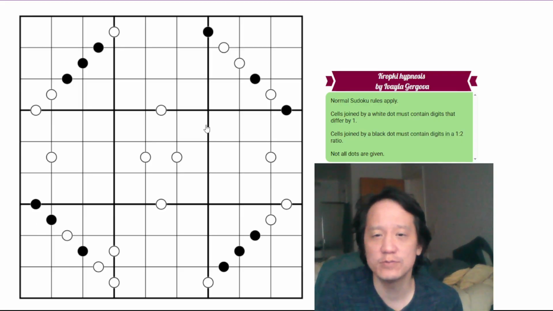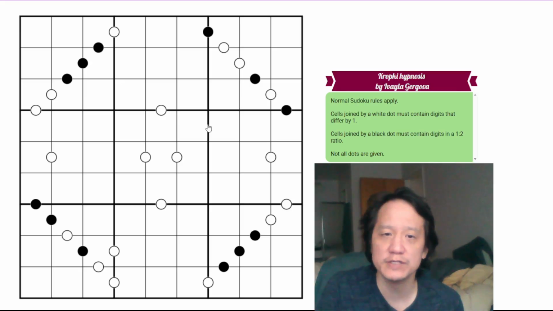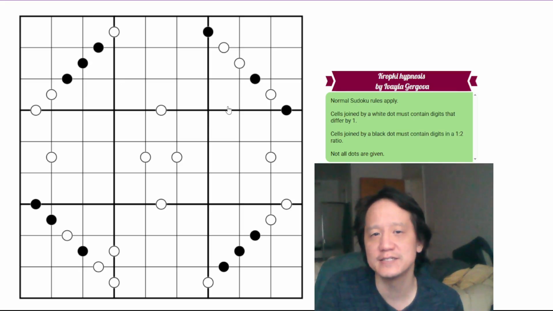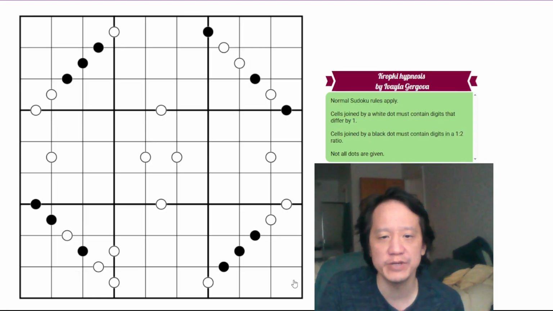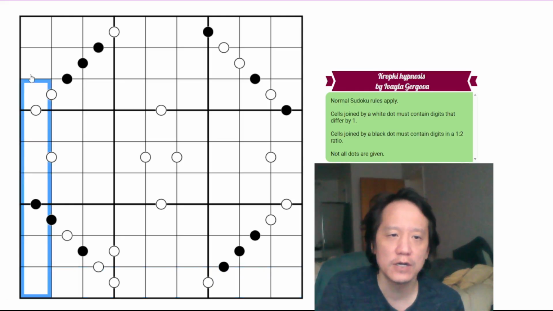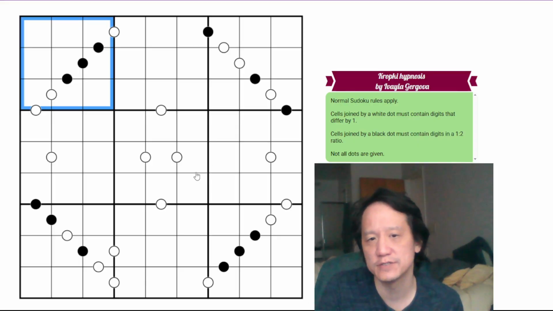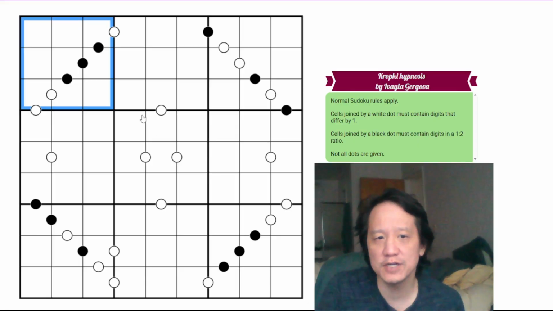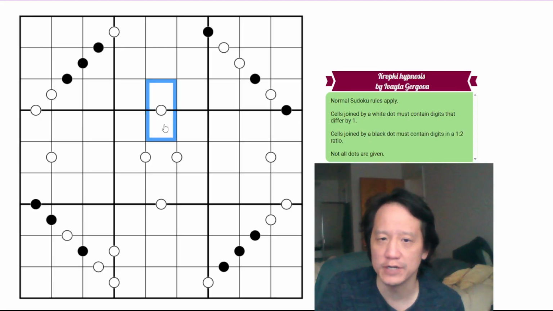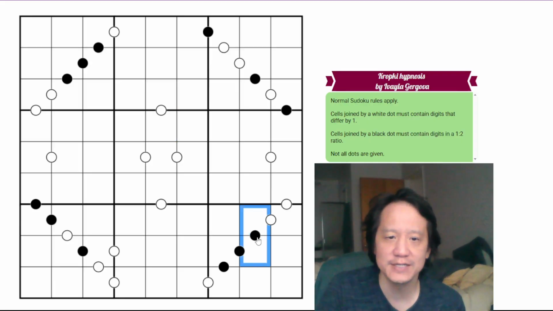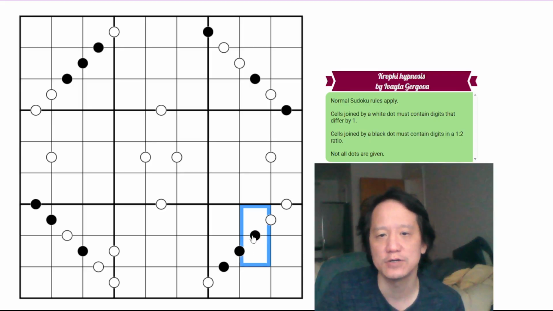Normal Sudoku rules apply, which means in every cell in the grid, place a single digit from 1 through 9, such that there are no repeats in any row, column, or designated 9-cell region, which is a box. Cells joined by a white dot must contain digits that differ by 1, and cells joined by a black dot must contain digits in a 1 to 2 ratio, and not all dots are given.